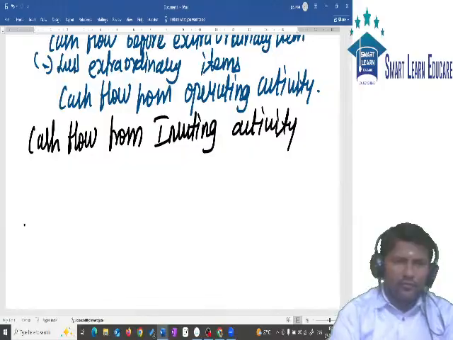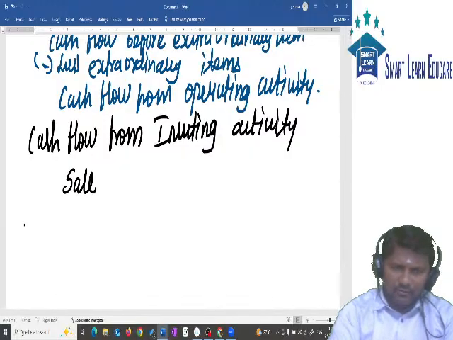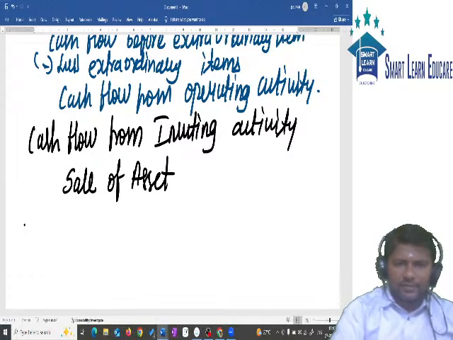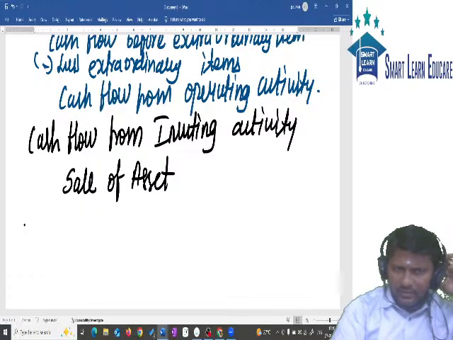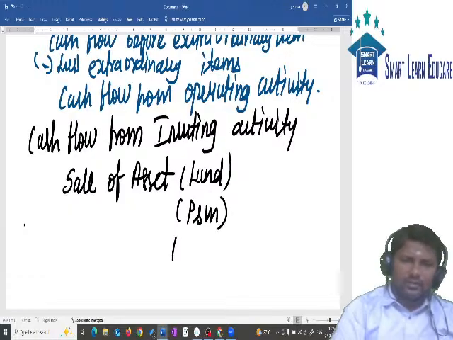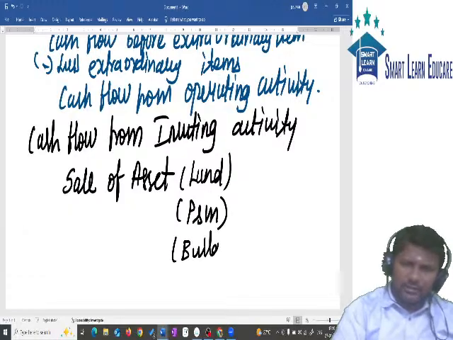In this cash flow from investing activity, we have sale of assets. It means sale of land, sale of plant and machinery, sale of building. All the things will come under investing activity.